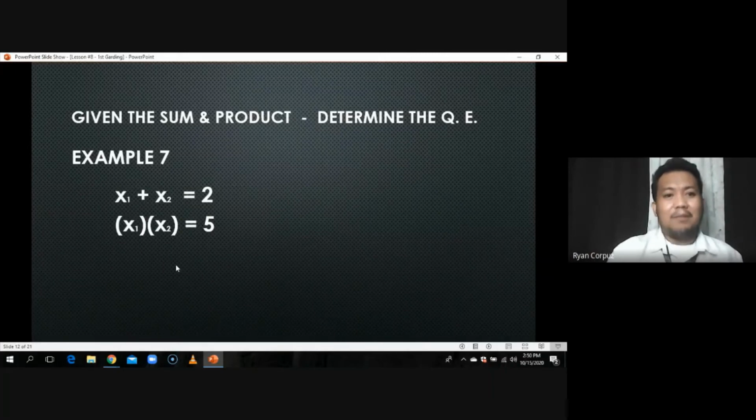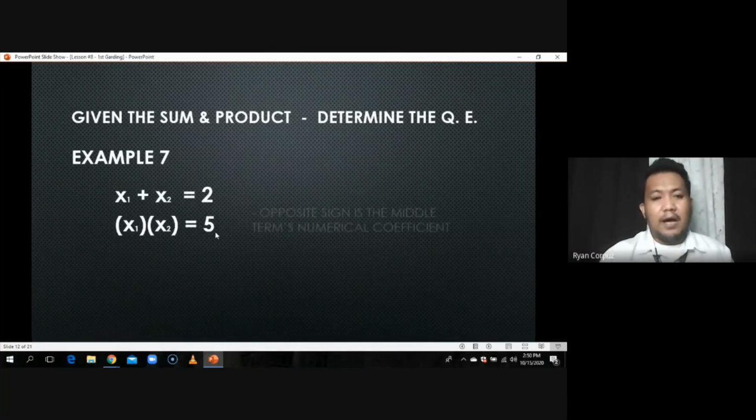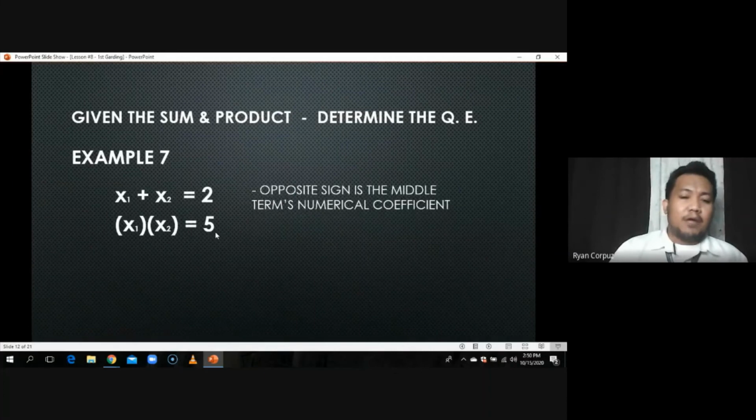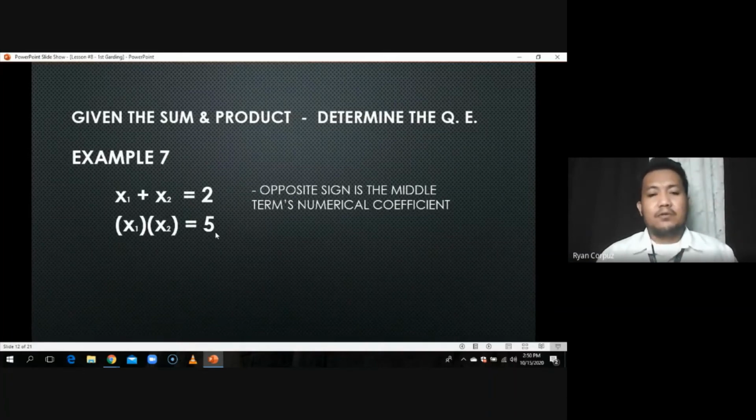So, again, the sum of the roots is equal to 2, while the product is equal to 5. First, for that sum of the roots, the opposite sign of it is the middle term's numerical coefficient of the quadratic equation. Again, the opposite sign of that sum of the roots is the middle term's numerical coefficient.